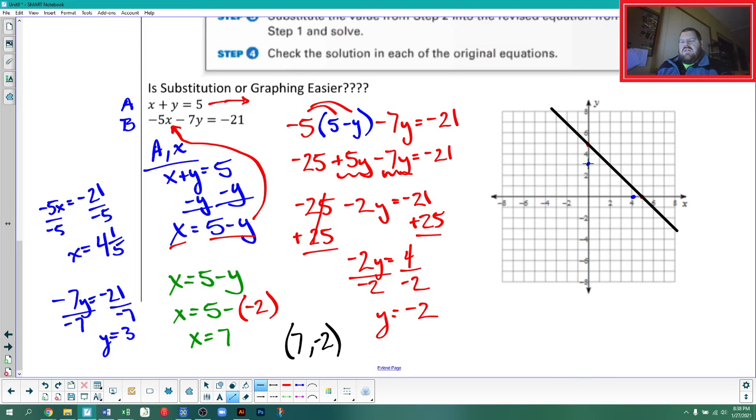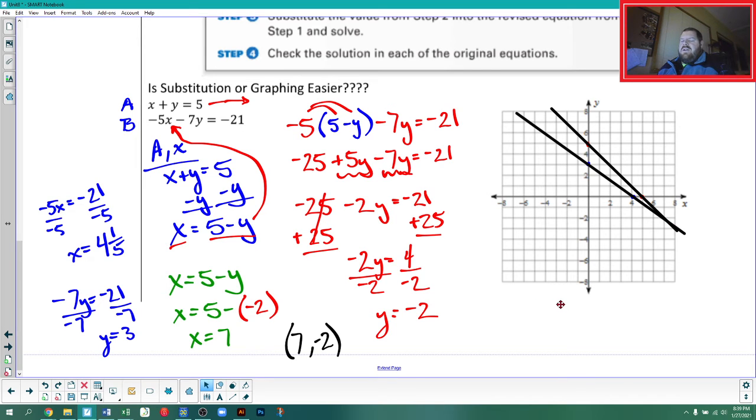Now, when I try to make a straight line through those 2 points, and trust me, I picked this problem for a reason, that second one was kind of an ugly line to graph. It's really hard for me to tell exactly where these 2 lines cross. Now, if I assume that it has to be at a whole number, then it's a little bit easier to tell.